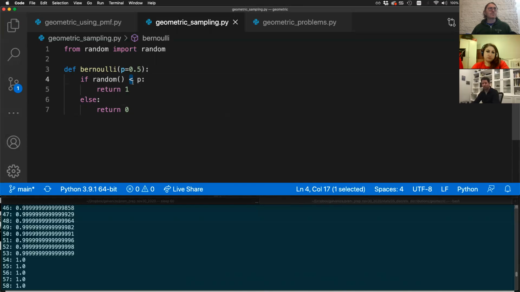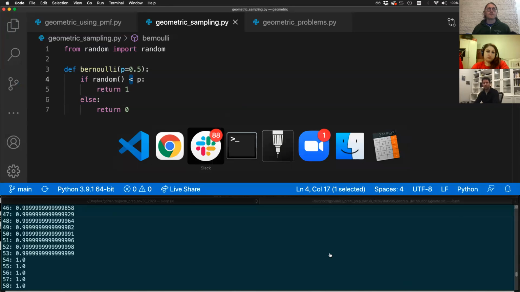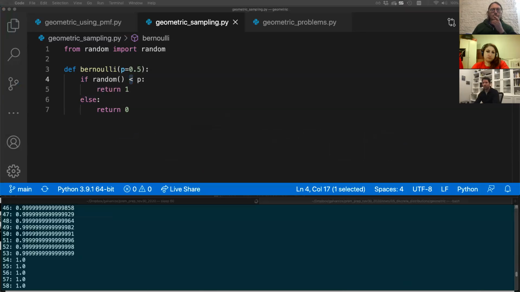Does it matter that I'm using less than here? Do you recall which is more appropriate than using less than or equals? Any thoughts on that?